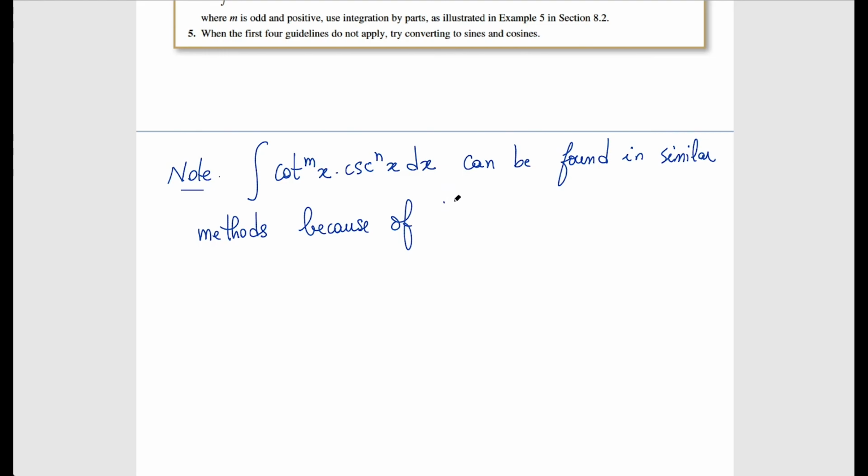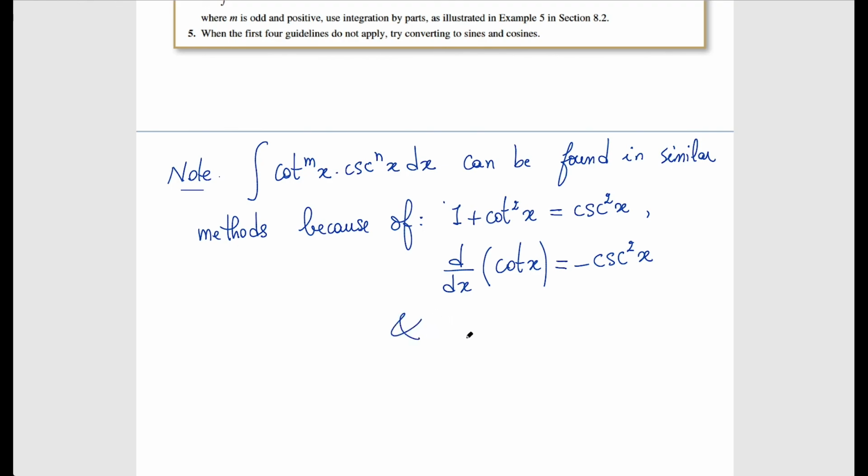So what do we know? We know that 1 plus cotangent squared x is equal to cosecant squared x, right? We also know that if we differentiate cotangent of x, we obtain minus cosecant squared of x.